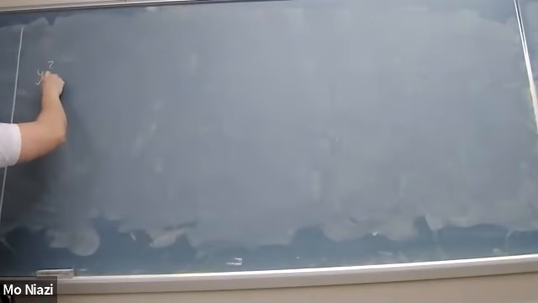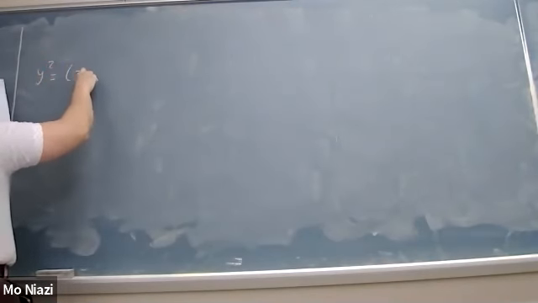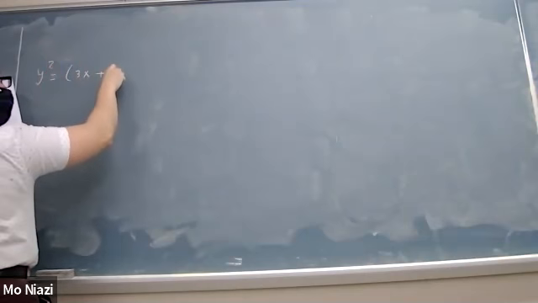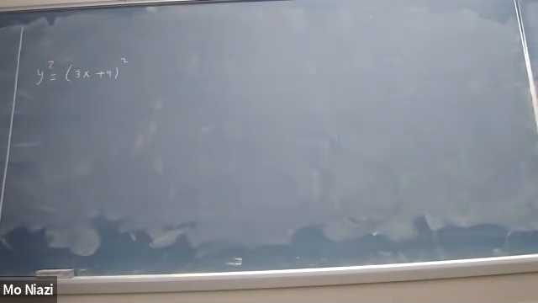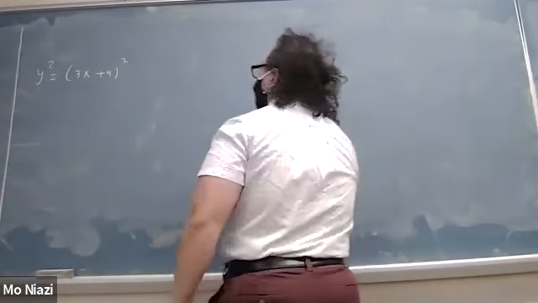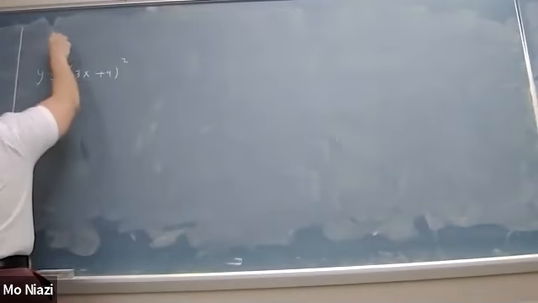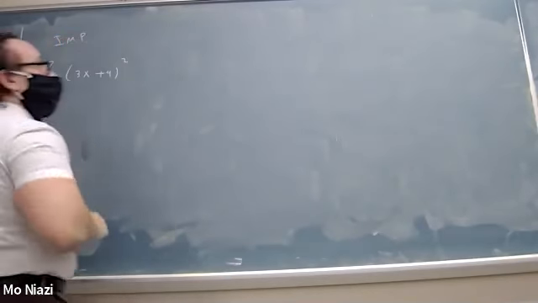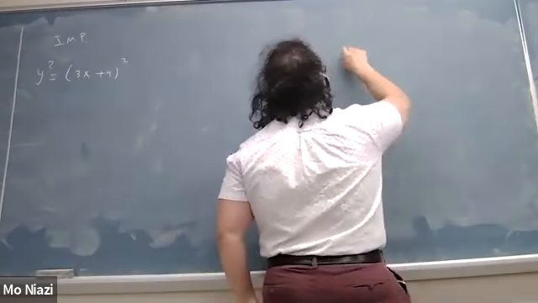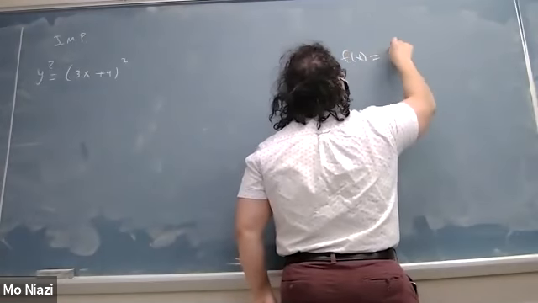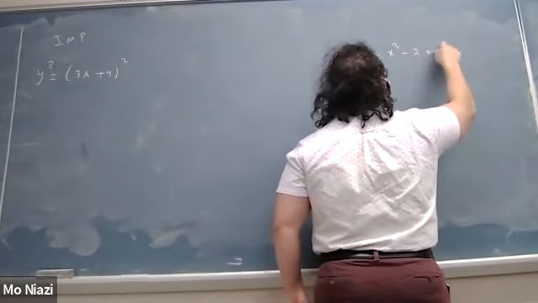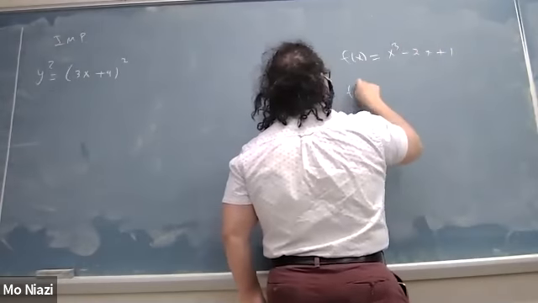So what about y squared is equal to 3x plus 4 quantity squared? Okay. Before we do that, that's implicit differentiation. All right. Let's do normal differentiation. So f of x is equal to x cubed minus 2x plus 1. What is f prime of x?